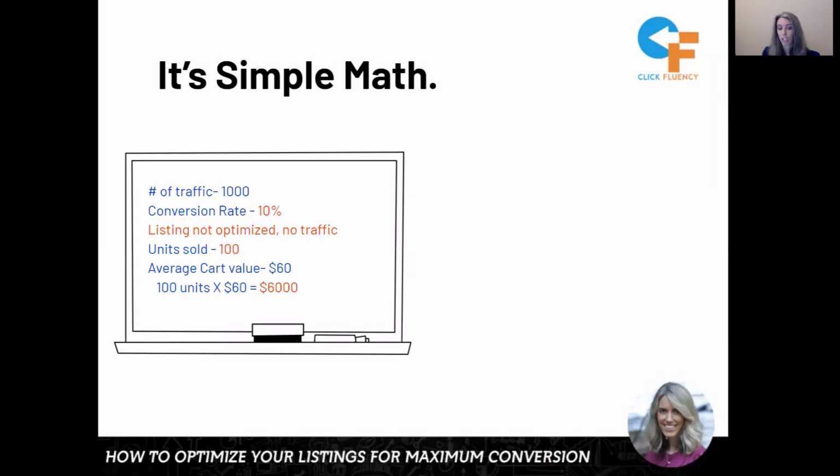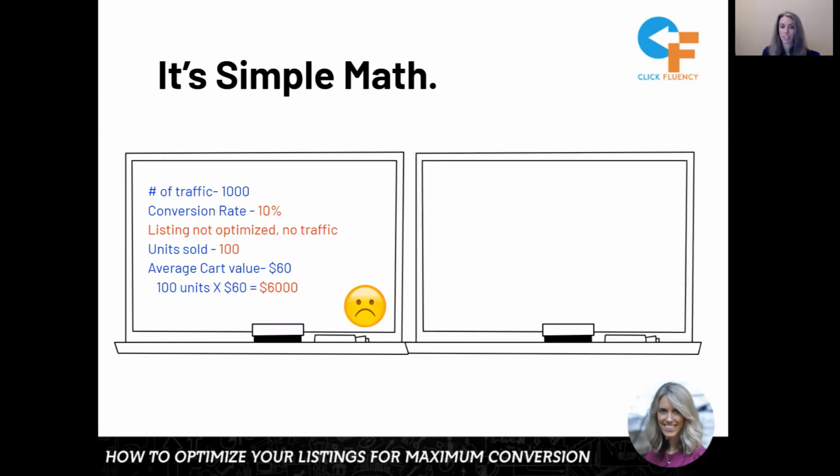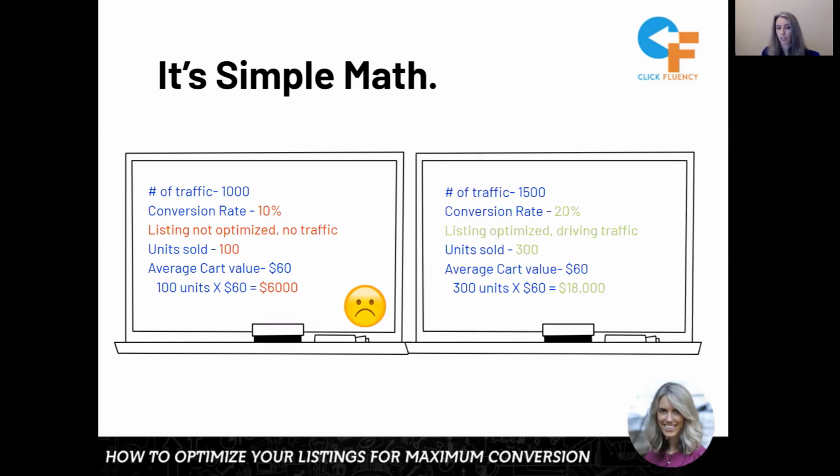The average cart value, let's say, is $60. So 100 units at $60, that's $6,000 in sales. Which, honestly, is pretty good. So I know I have a frowny face there, but that's pretty good. But when I show you the next option, you're going to realize that there's so much more that could be had.